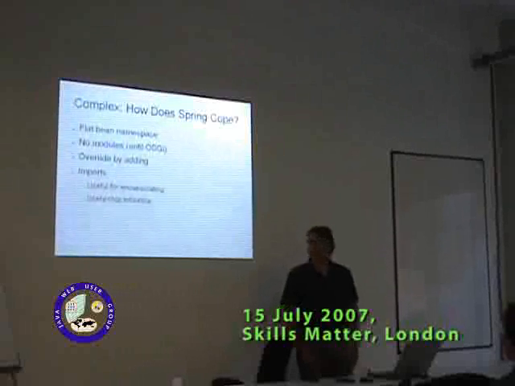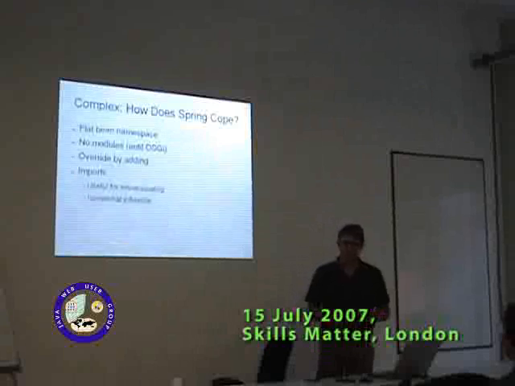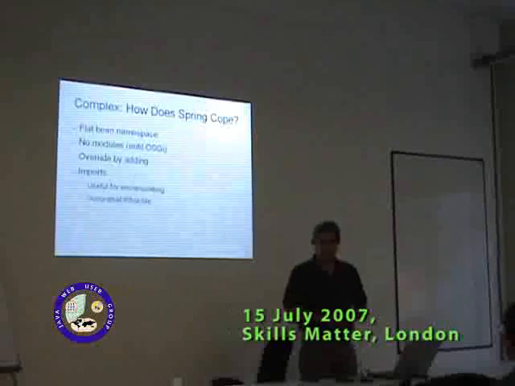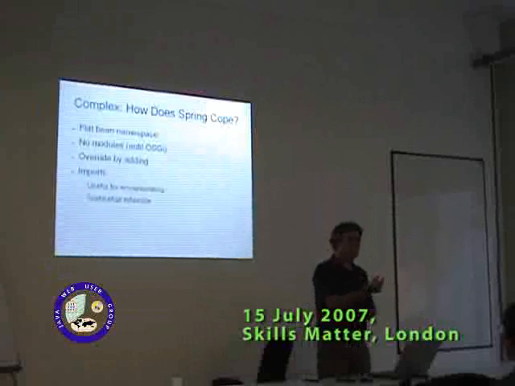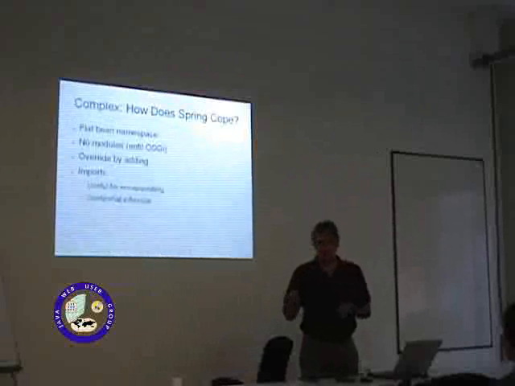What about complex? Rick should be able to correct me if I'm wrong here, but my understanding about Spring is that we essentially have a flat bean namespace. So when you define a bean, it's generally visible across your entire application.